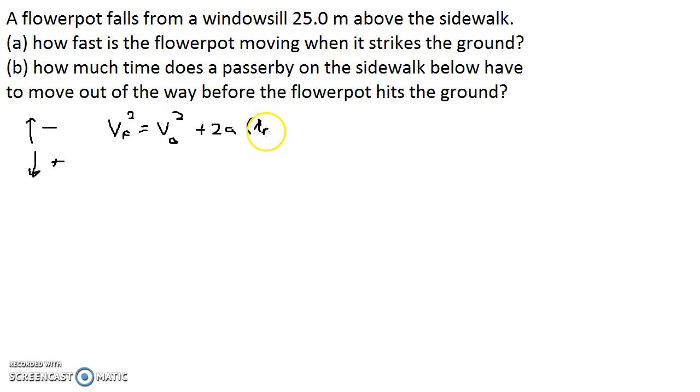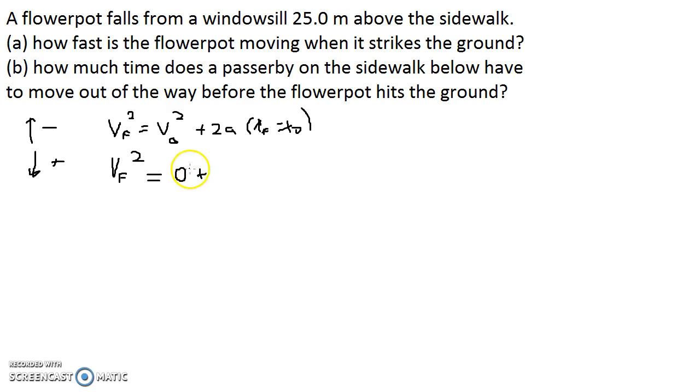It really doesn't matter, again, as long as you're consistent. Okay, so we do not know the final velocity, so we'll just leave that there. And the initial velocity, we know that's 0 because it was falling from rest.